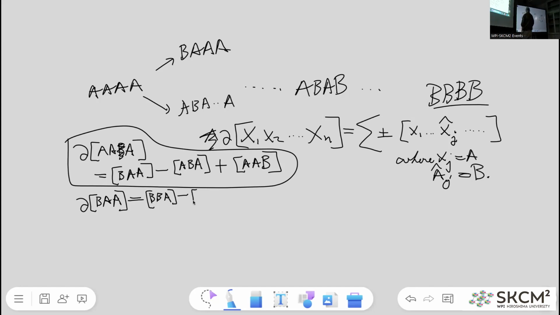And then minus, leaving that alone, and changing this one. The sign is equal to (-1) to the number of A's before it, for the place where you change things.